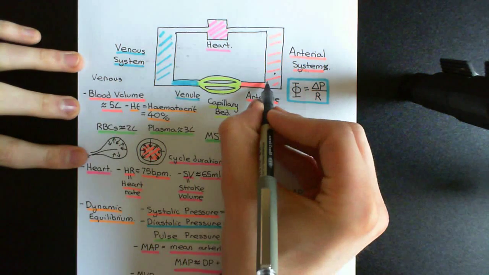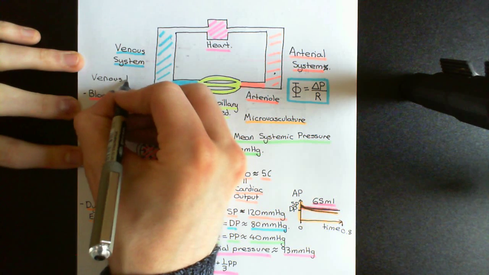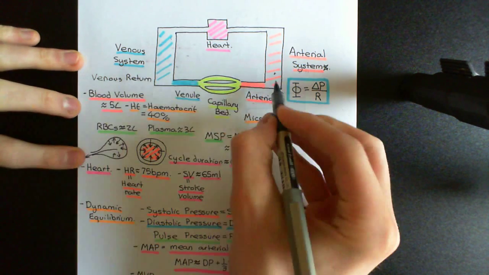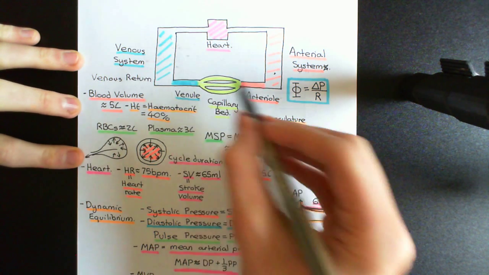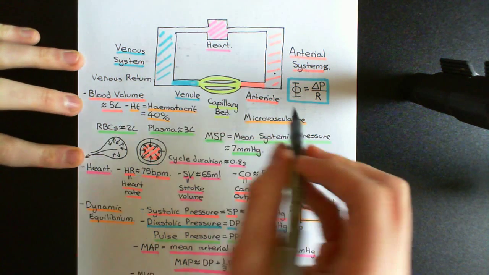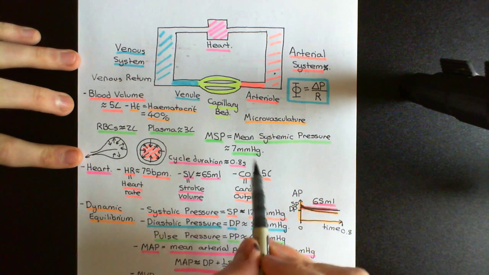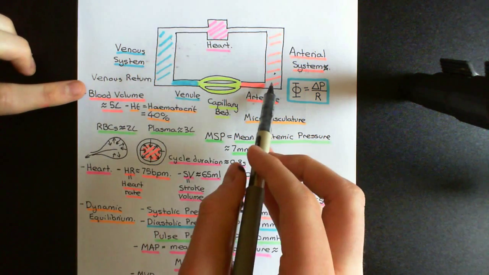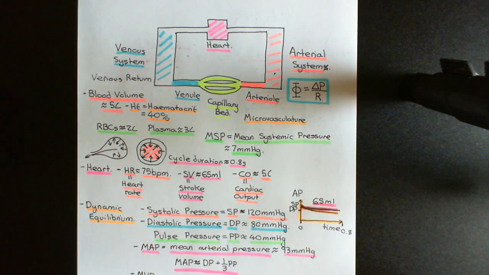a term meaning the amount of blood to move from the arterial system to the venous system. This is known as the venous return. So venous return means how much blood moves from the arterial system to the venous system through the microvasculature. If I say the venous return in 0.8 seconds, i.e. in one cycle, then I will mean the amount of blood moving from the arterial system to the venous system in that amount of time.